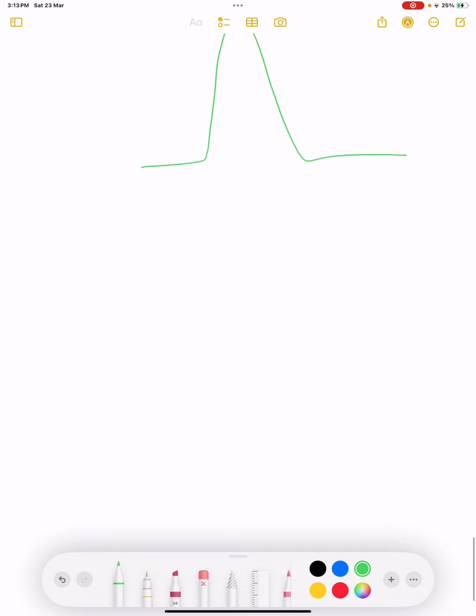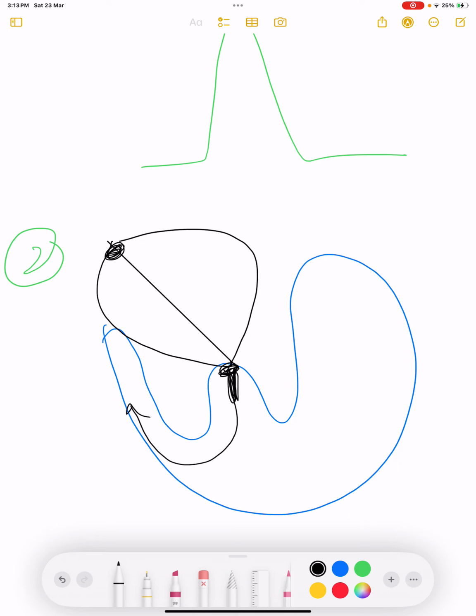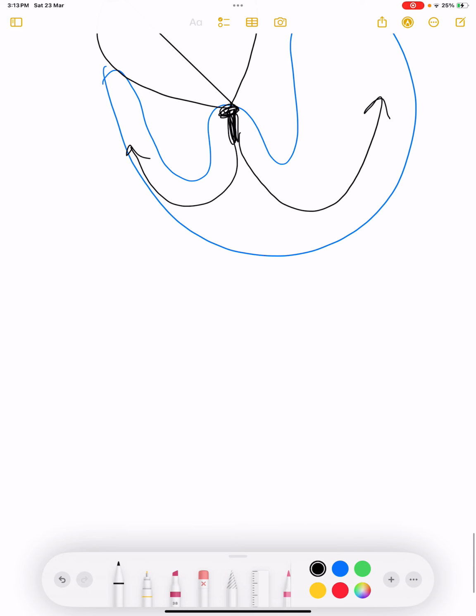And what was the second example? Again, let's draw our heart; in this picture, this is the SA node, this is the AV node. We know that the SA node impulse comes to the AV node, there is some delay, and then there is the bundle of His, the right bundle branch, and then the left bundle branch. What happens normally? When the impulse reaches here, it depolarizes both ventricles at the same time.